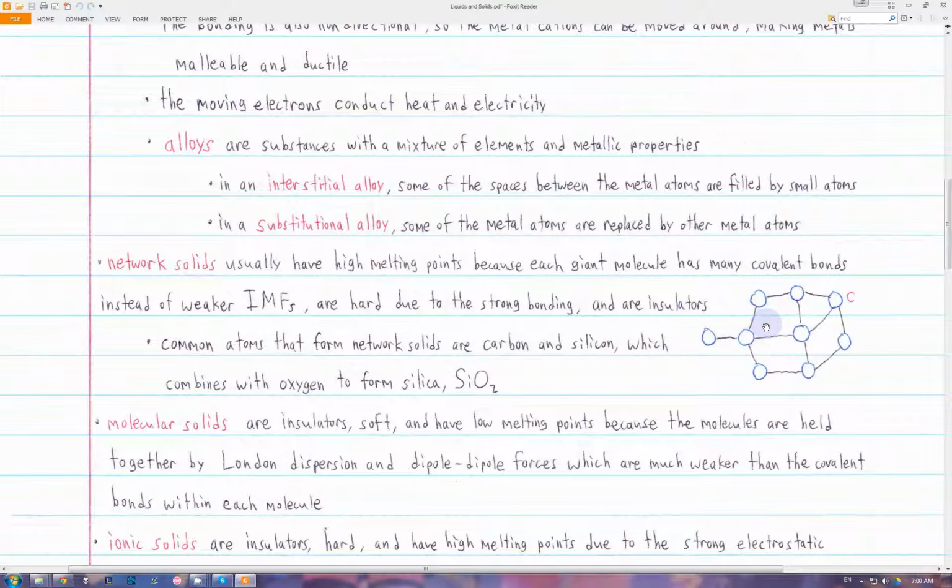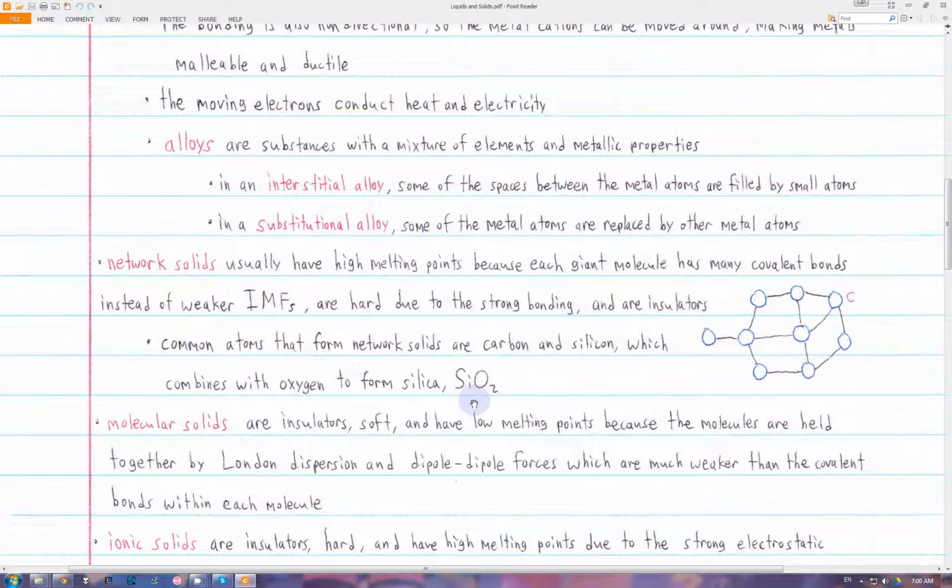The two most common atoms that form network solids are carbon and silicon. Carbon forms diamond and graphite, which are both pure carbon, and silicon can combine with oxygen to form huge silica molecules.